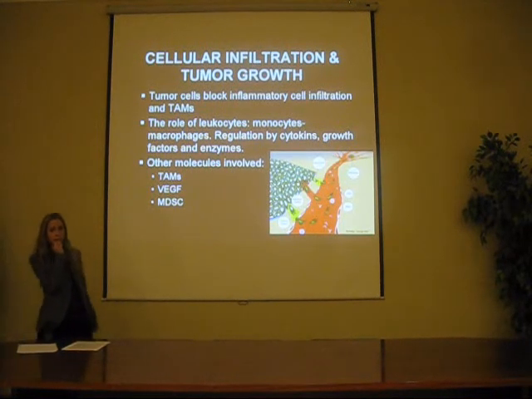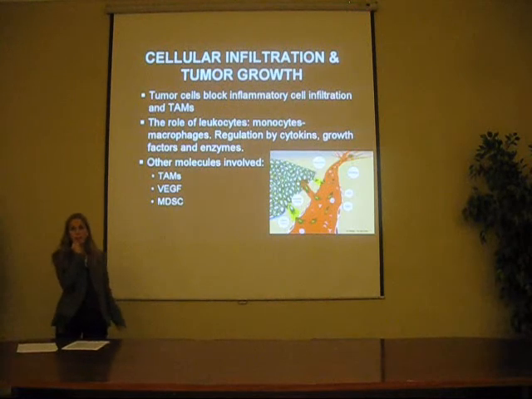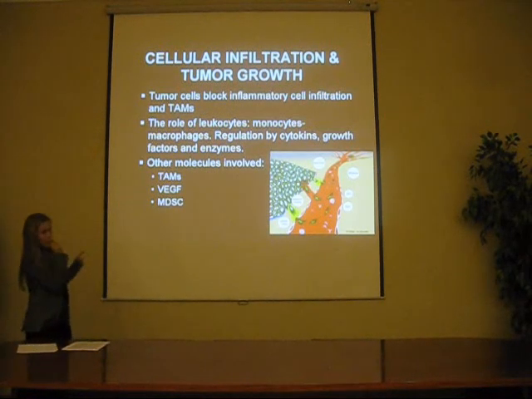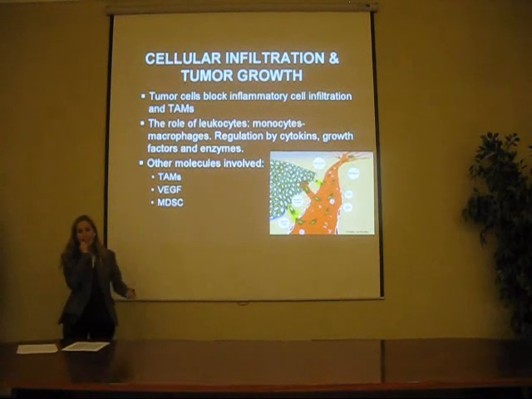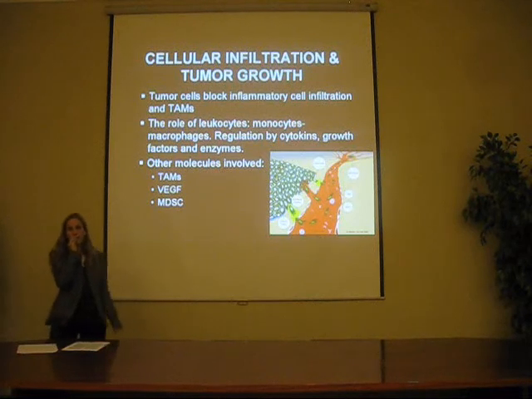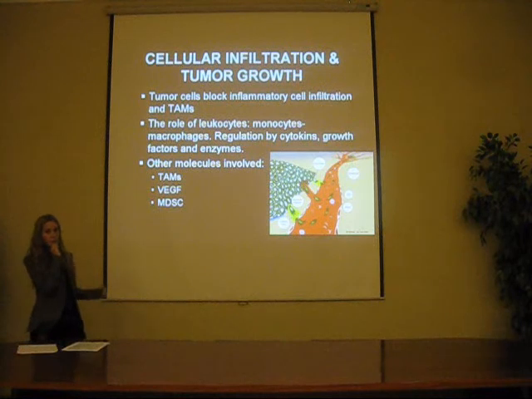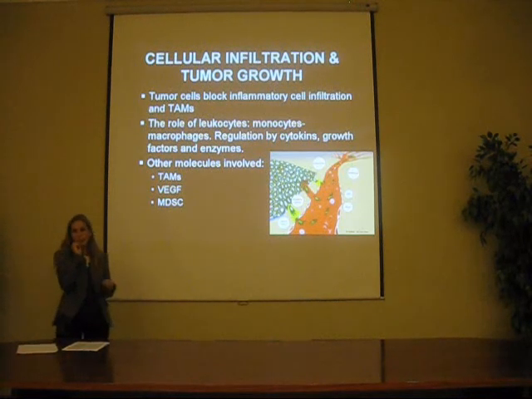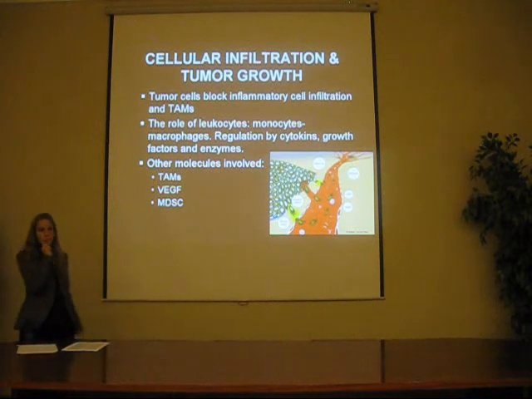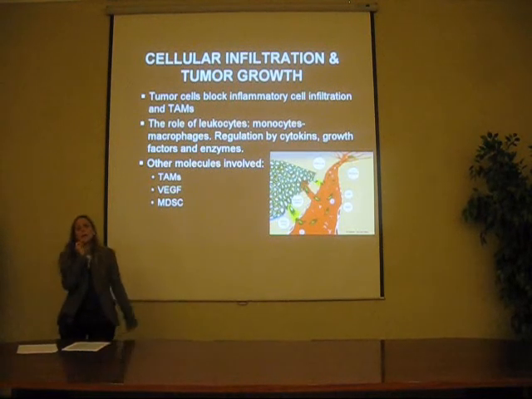Macrophage infiltration of brain tumors is regulated by cytokines, growth factors, and enzymes. They can also regulate the function of TAMs. However, it has been shown that a low frequency of macrophage infiltration does not guarantee that a tumor will not metastasize, as multiple factors are critical.